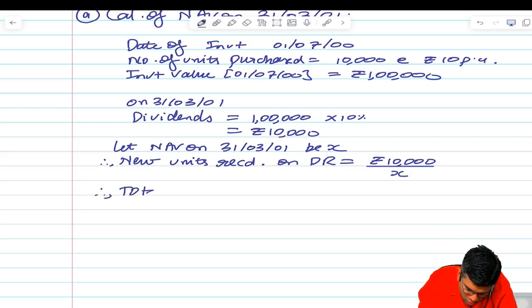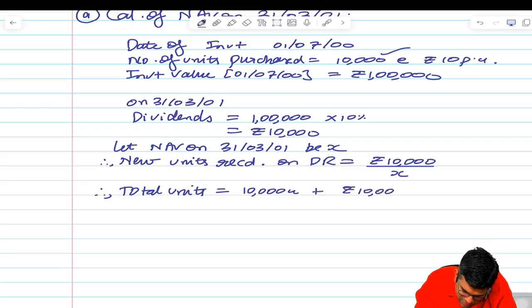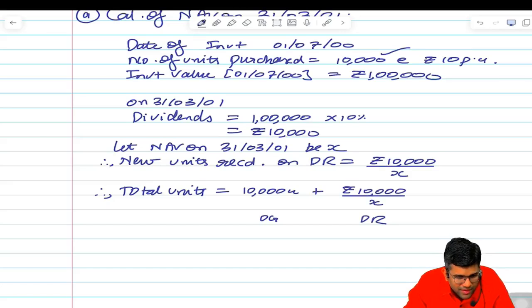Therefore, total units that I will now have will be 10,000 units I already own plus rupees 10,000 divided by X. These are your original units and this is the dividend reinvestment. Everyone ready?